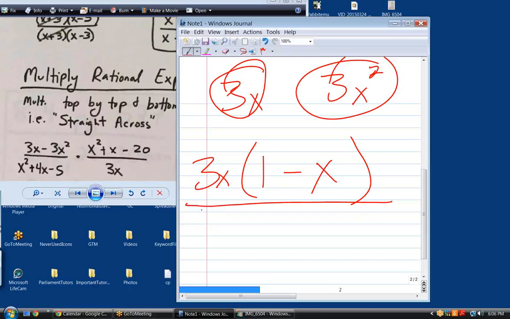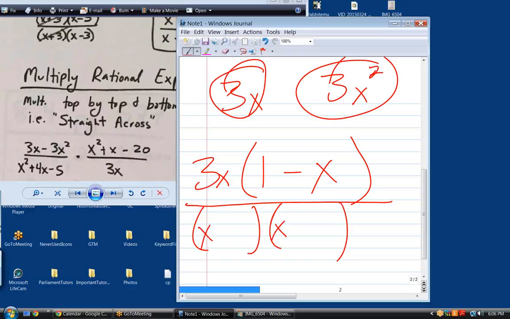How about the bottom? This is more traditional factoring. In other words, there's no greatest common factor. We have to split it up into 2 linear factors.